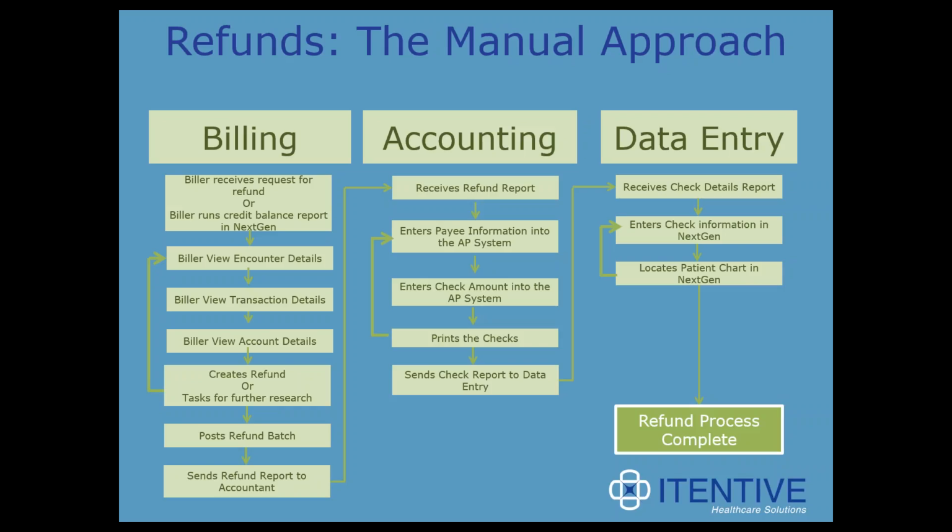When we took a look at this process, as I mentioned in the beginning, we looked for ways that we could streamline and automate and eliminate data entry and make it easier for the people to do their work.